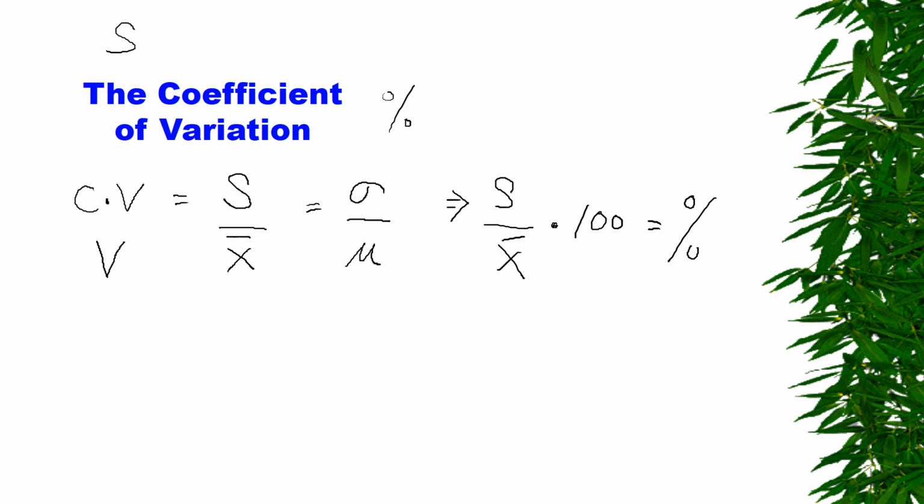Therefore, the coefficient of variation gives us some interpretation of the relative deviation of the population or the sample data from the sample or population mean.